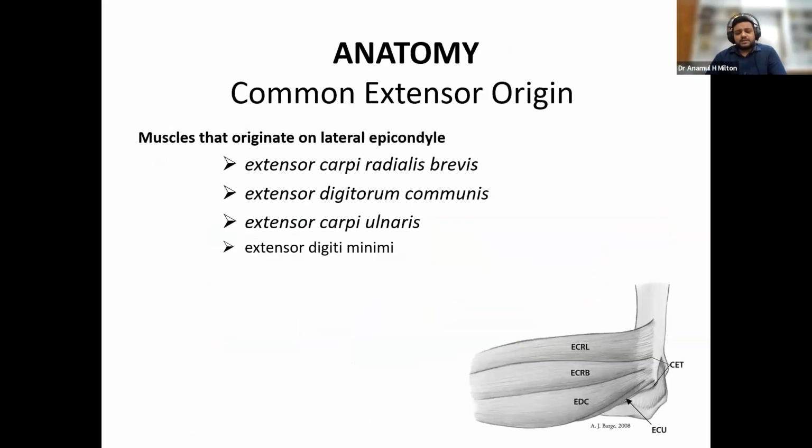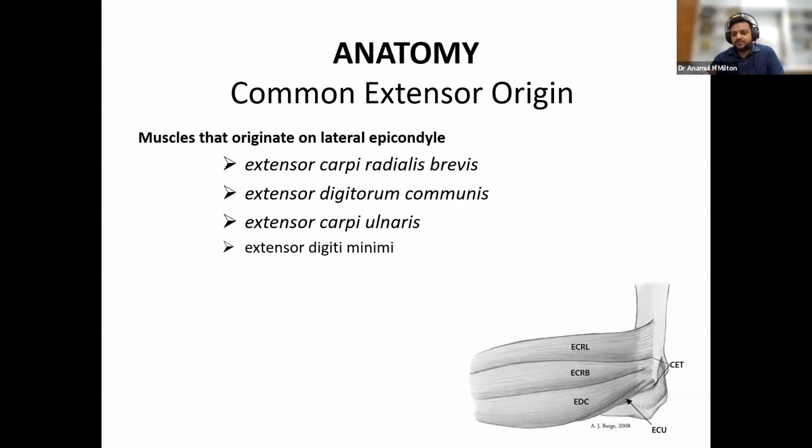Now, sir has already shown these things. There are four muscles at the lateral epicondyle: extensor carpi radialis brevis, extensor digitorum communis, extensor carpi ulnaris, and extensor digitorum minimi.